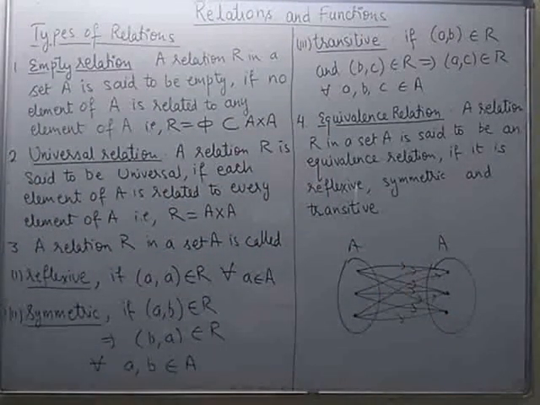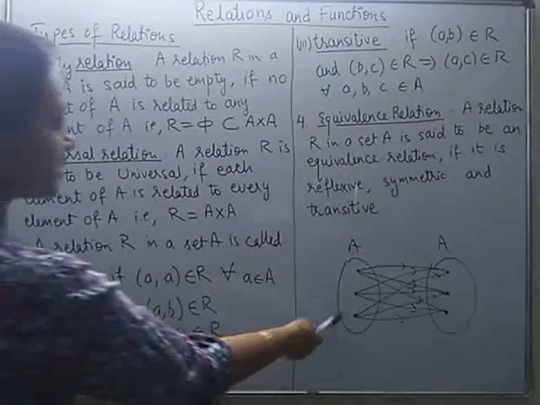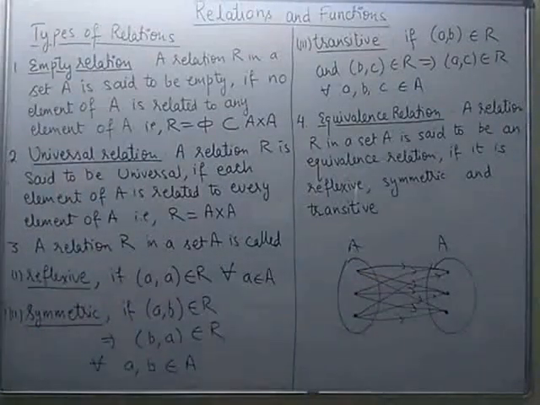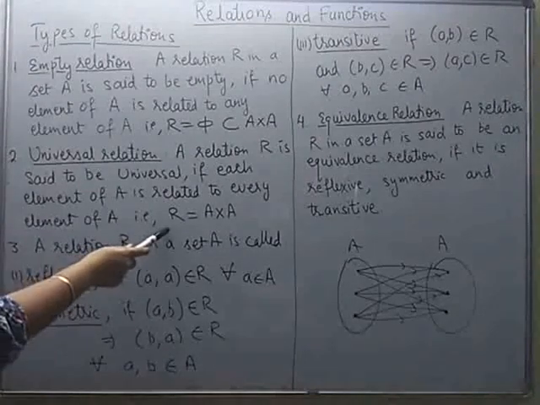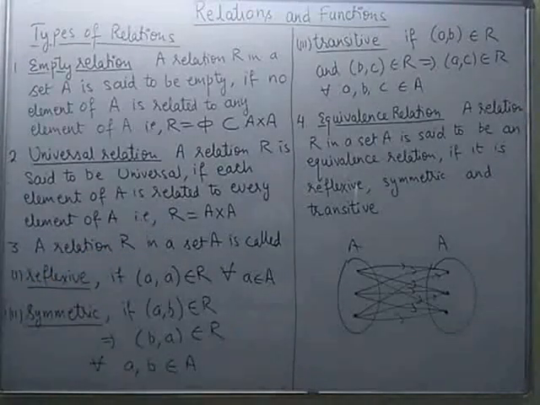No. You can see that we have done all the possible pairings. So if the relation is defined in such a way that we get the entire Cartesian product from A to A, then the relation becomes the universal relation.